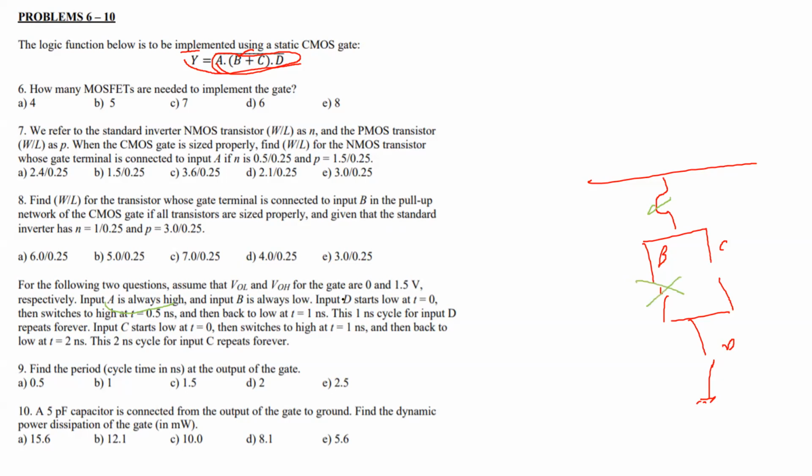And then input D starts low at T equals 0, goes to high at T equals 0.5, and then back to low at 1 nano.